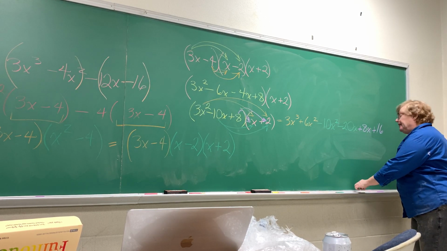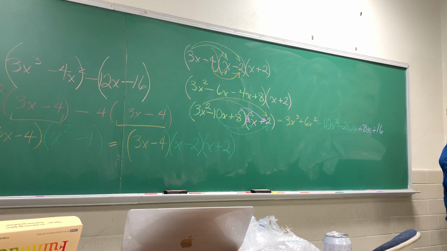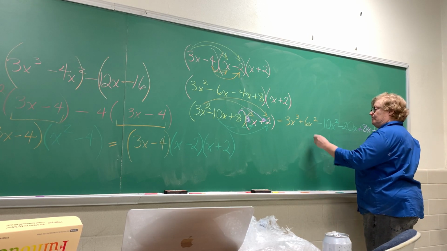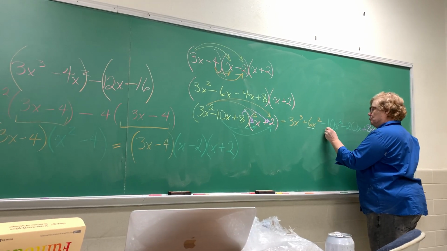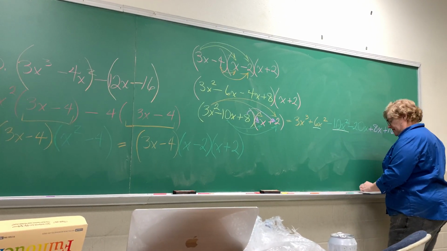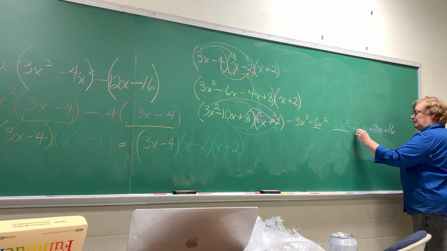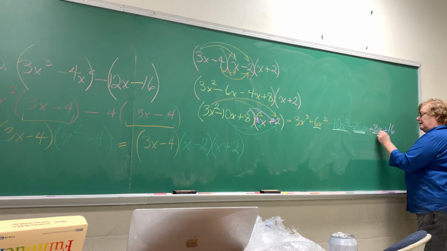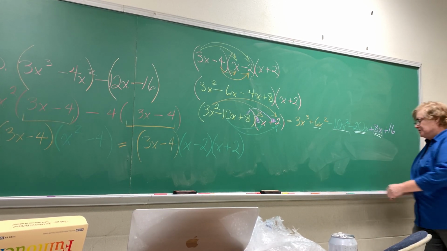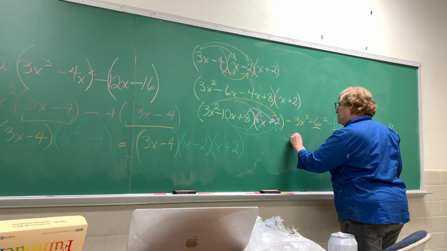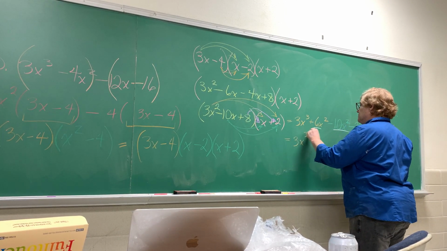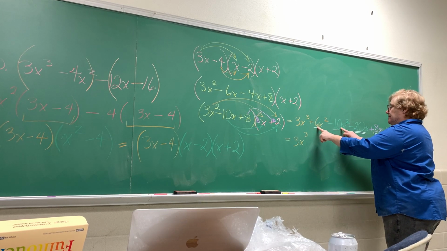Okay, are there any like terms? Yes. Which ones? 6x squared and negative 10x squared. All right, and any others? Yes. Negative 20x plus 8x. Awesome. So let's see, we've got 3x cubed. What is 6 minus 10?